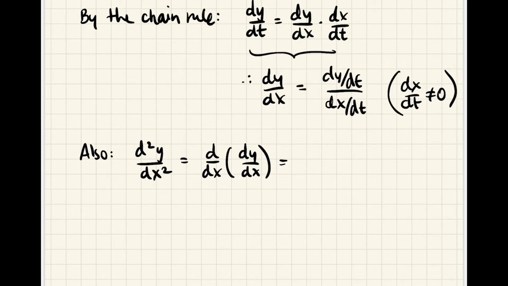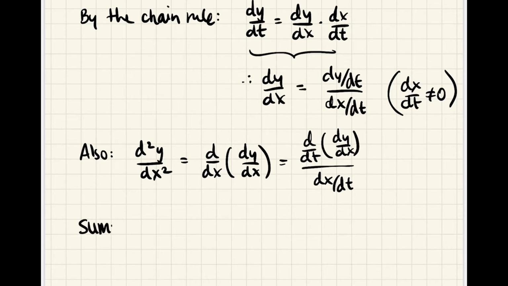Okay, well, if we look at this formula here, which is simply saying take the derivative of y with respect to x, and that gives us all of this. Down here we're saying we'll take the derivative of dy dx with respect to x. So all we have to do is replace y in this formula with dy dx. So it's like saying the derivative with respect to t of dy dx, all divided by dx dt.